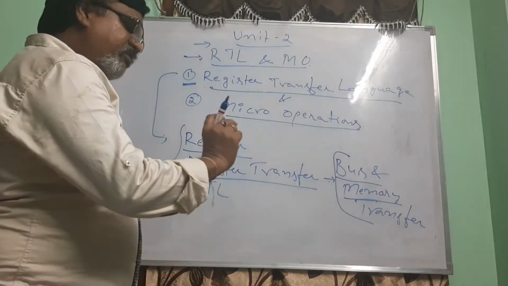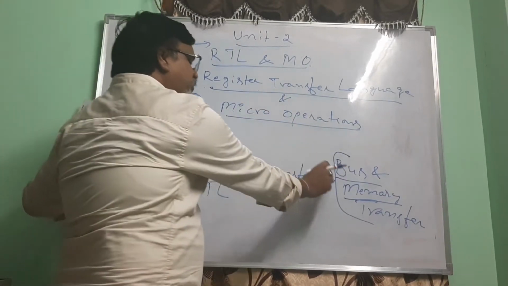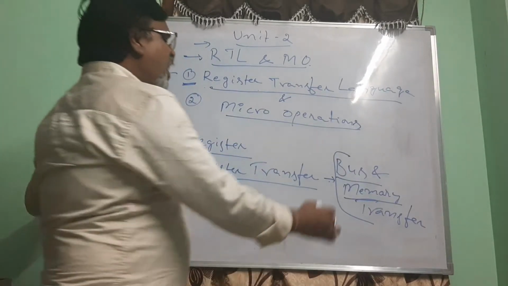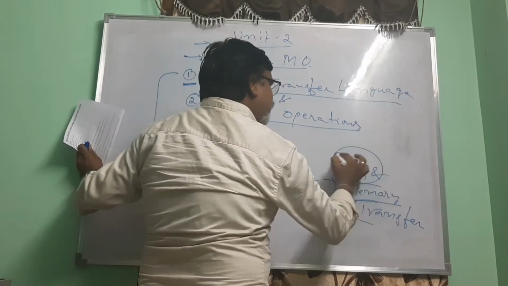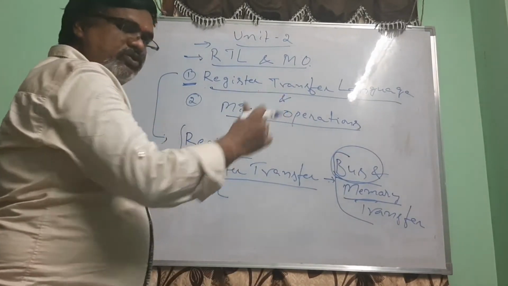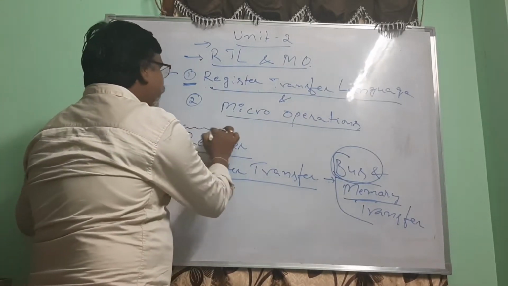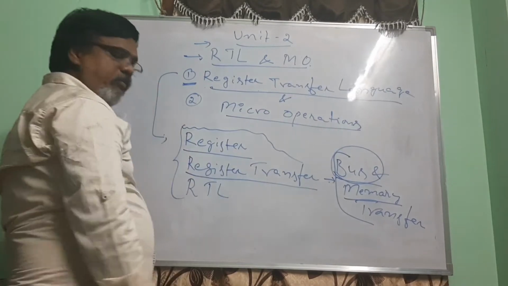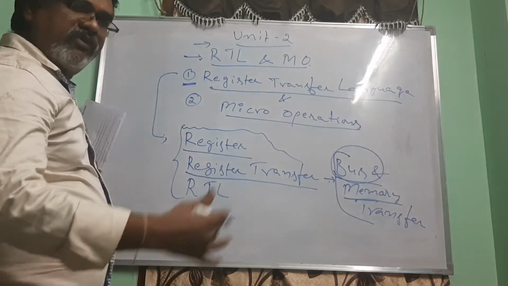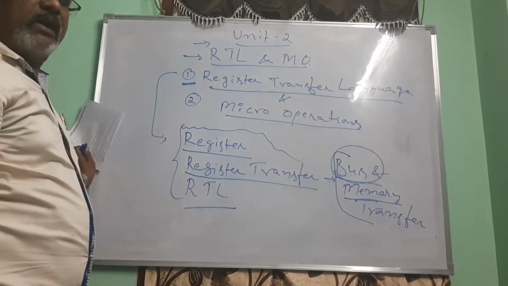We will see how data is transferred from register to register, from one memory location to another, and what the role of the bus is while transferring data from source to destination. To perform these transfers, we need a symbolic notation.